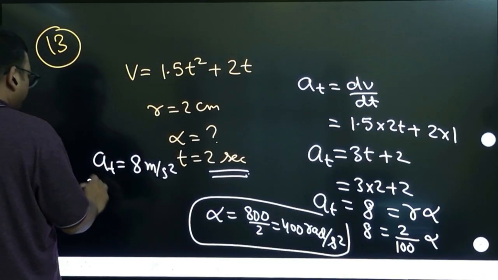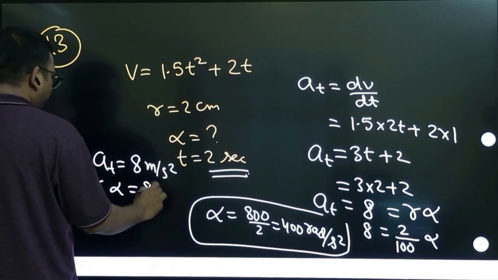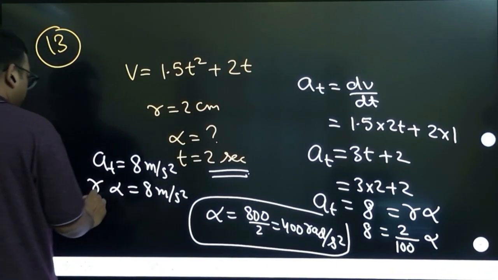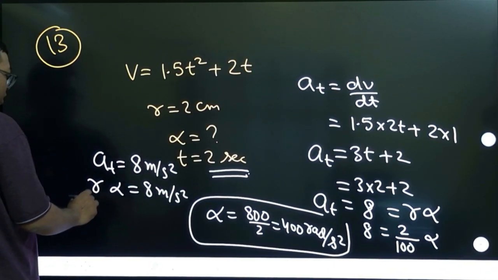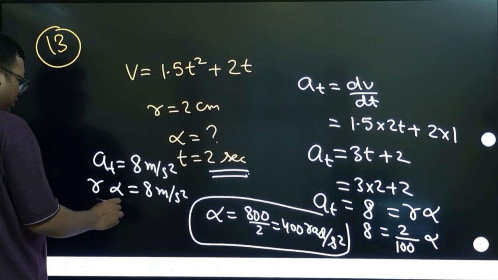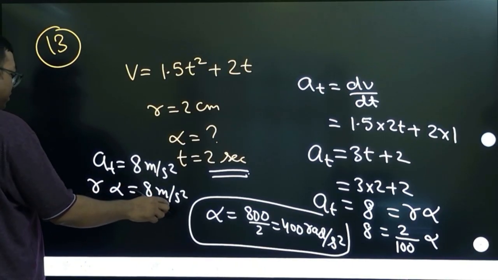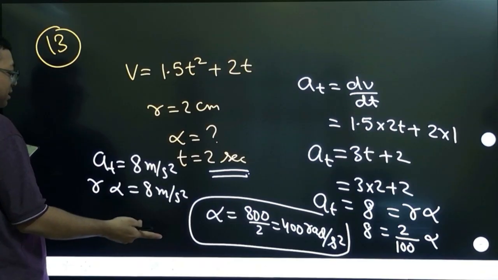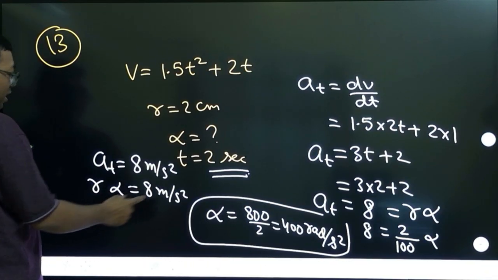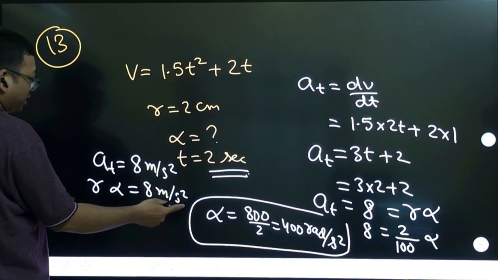Then when you equate with R alpha, you have to make sure this R is in meters, so that meter cancels. If you keep it in centimeter, then you need to cancel out meter and centimeter. Otherwise, you convert this meter into centimeter.